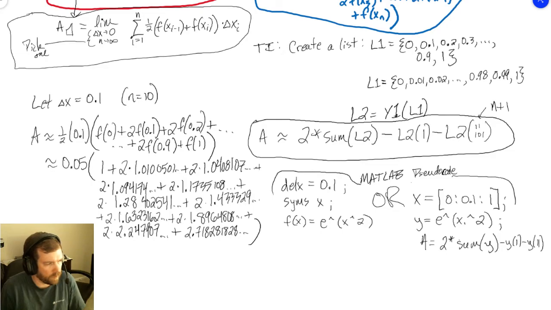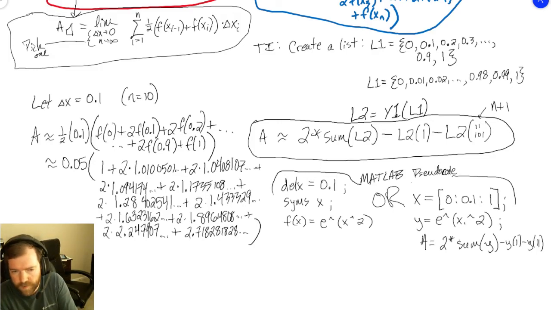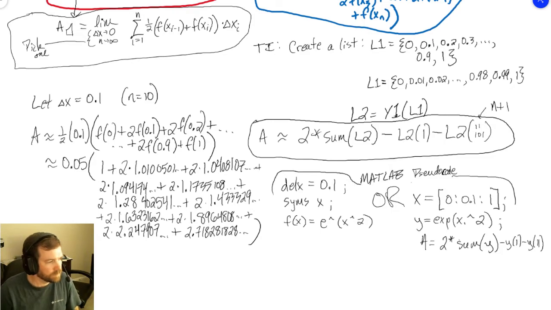0 colon 0.1 colon 1 gets me all those values, okay? So then y equals exp parentheses, not e raised to. That's going to be important. Alright, so exp of x dot raised to 2.